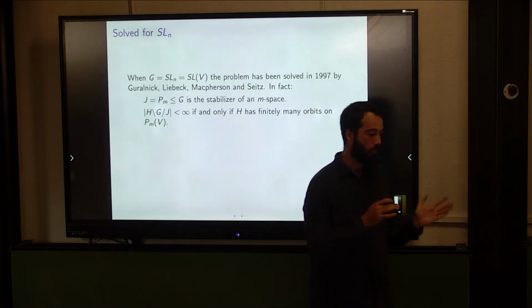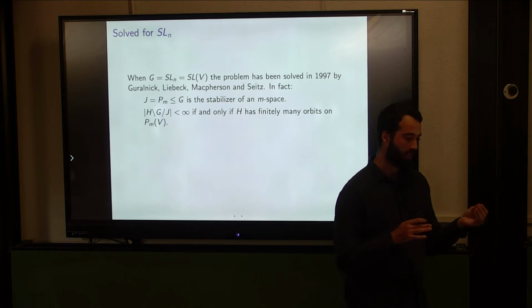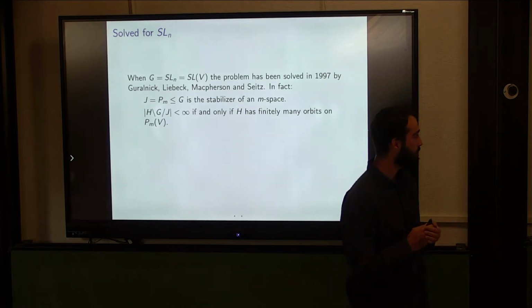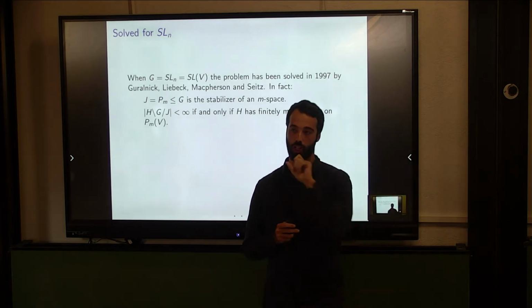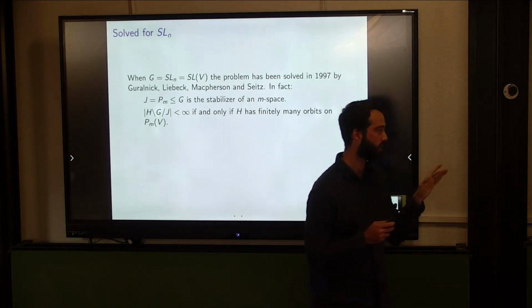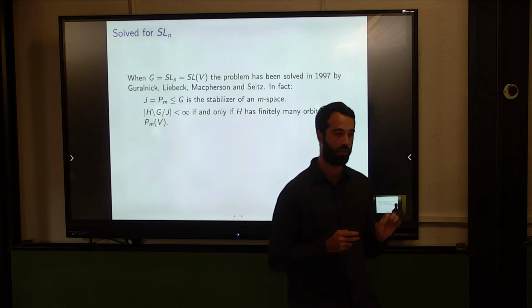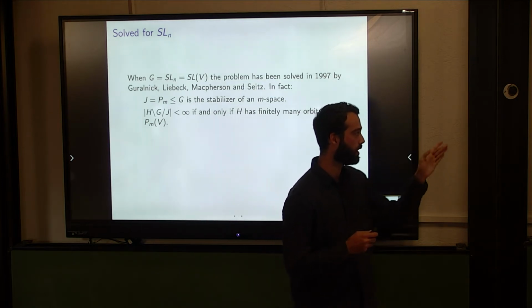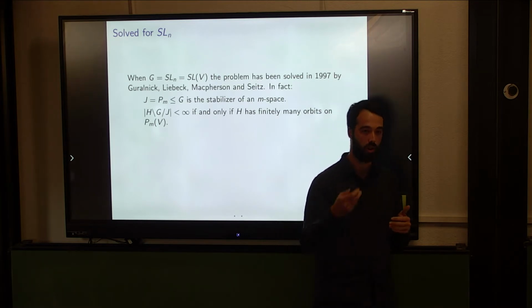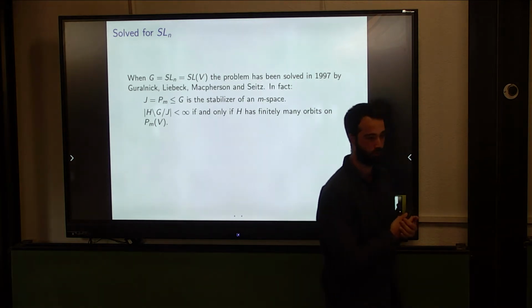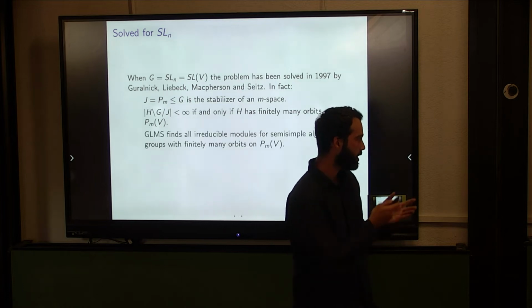And so, since J is a stabilizer of some subspace, understanding when there are finitely many HJ double cosets is the same as understanding when H has finitely many orbits on P_m(V), which is the variety of m-dimensional subspaces of V. Okay? And this is precisely what they do.